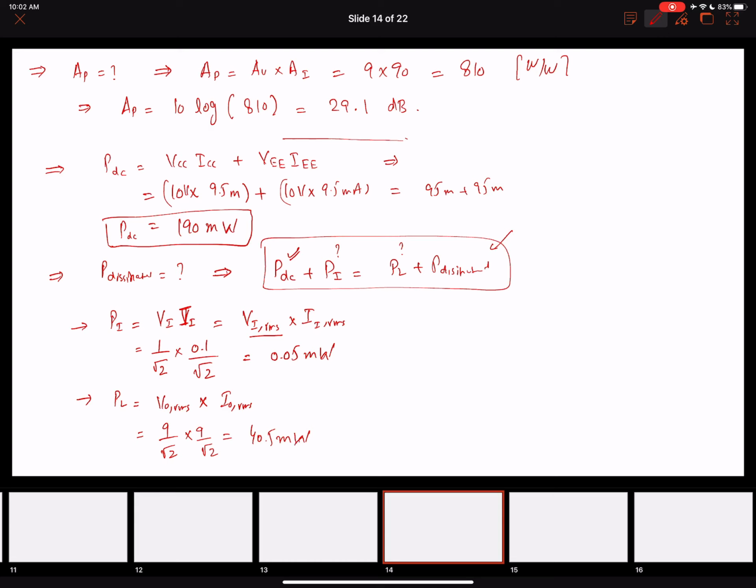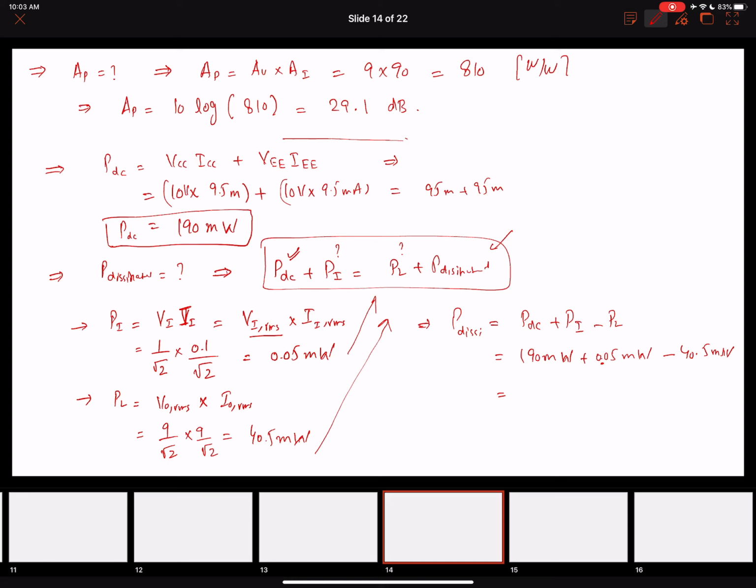So we ended up determining the values of PI and PL. Let's put down these two values here. Our power dissipated equals PDC plus PI minus PL. PDC is 190 milliwatts plus PI is 0.05 milliwatts, and the load power comes out to be minus 40.5 milliwatts.